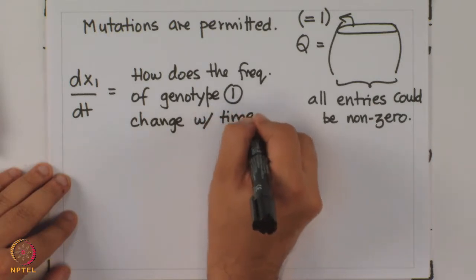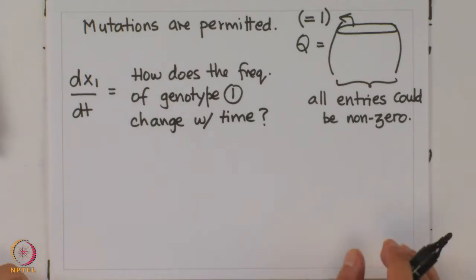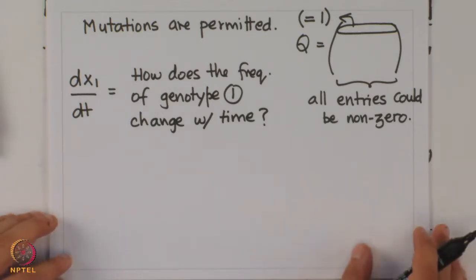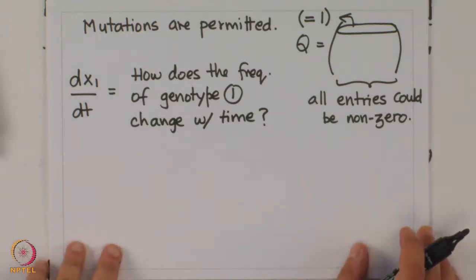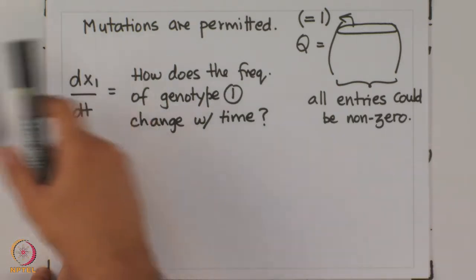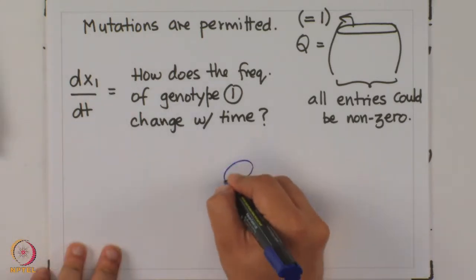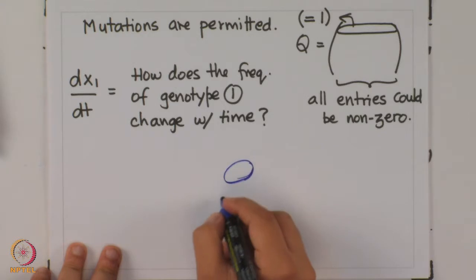What is the rate of this process happening with time in such an environment. So, to understand this, what we want to see is what is happening to individuals of genotype 1. This is an individual of genotype 1.